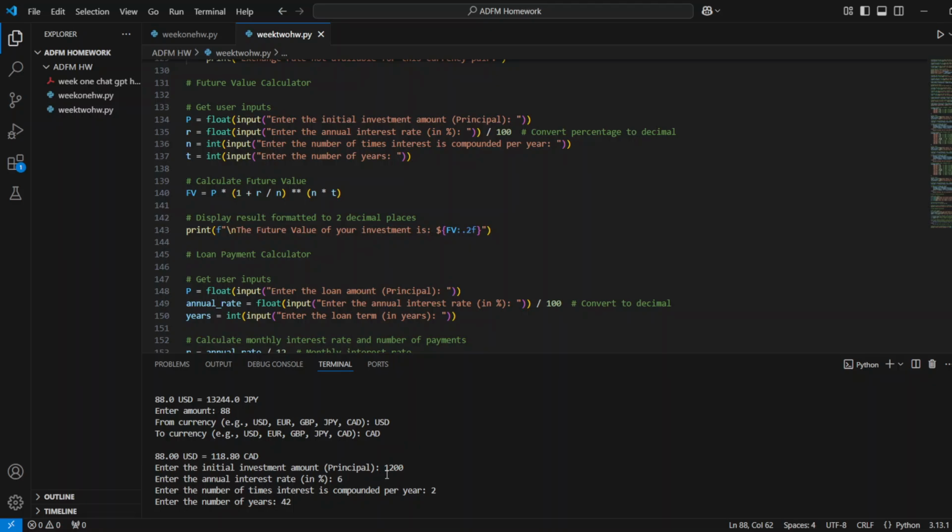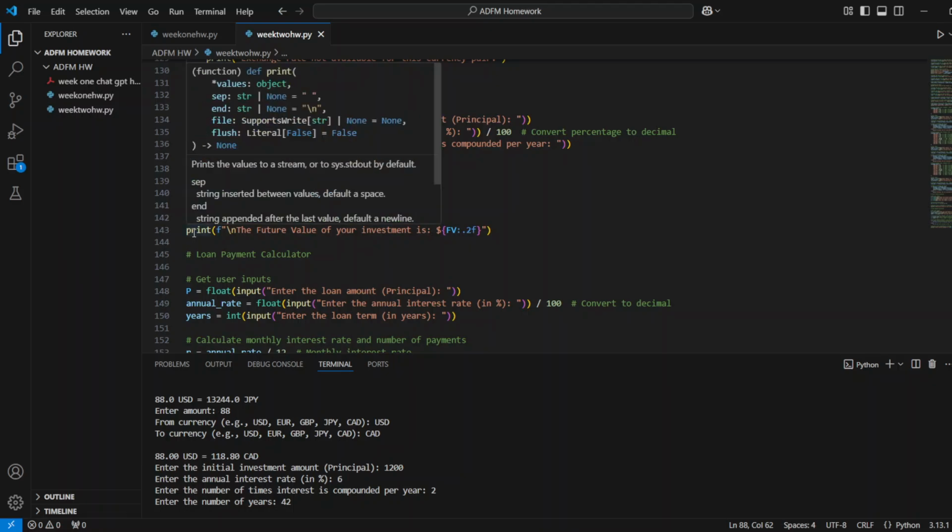So for the principal amount, I just wanted to do 1,200. The annual interest rate, I added 6%. And for the number of times, I wanted to do semi-annually, so I just did 2. For the number of years, I added 42 randomly. And so this was a program to calculate the future value, which would be the principal times 1 plus the rate divided by the number of times compounded per year, to the power of the number of times compounded in a year times the years.